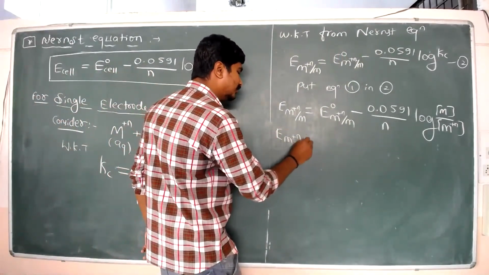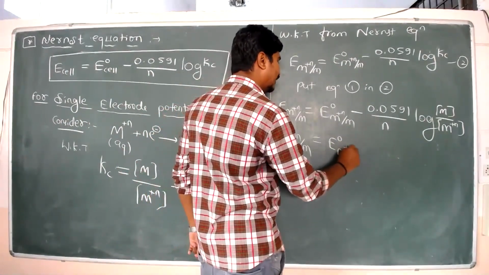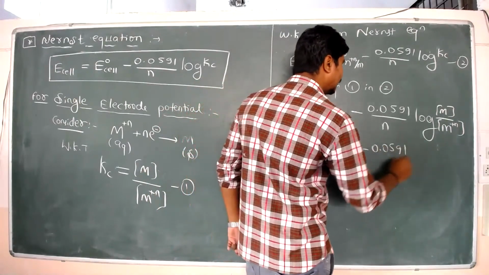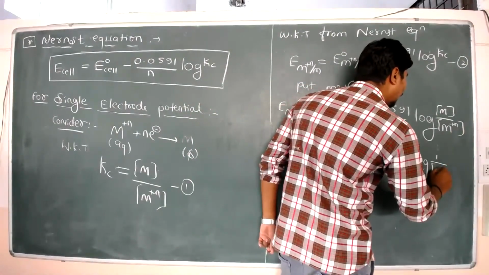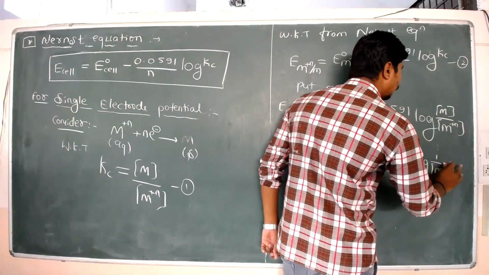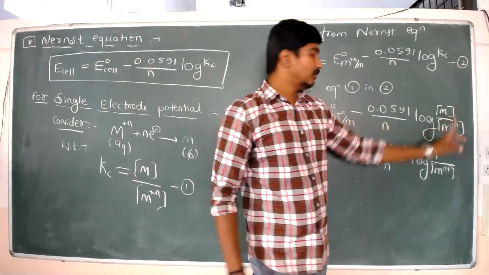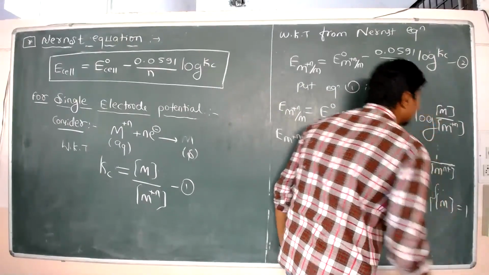What will be the equation? E of M^n+/M equals E naught of M^n+/M minus 0.0591 by n, log of 1 by [M^n+]. Why am I taking this as 1? Because this is a solid, I am taking the concentration of solid as unity.